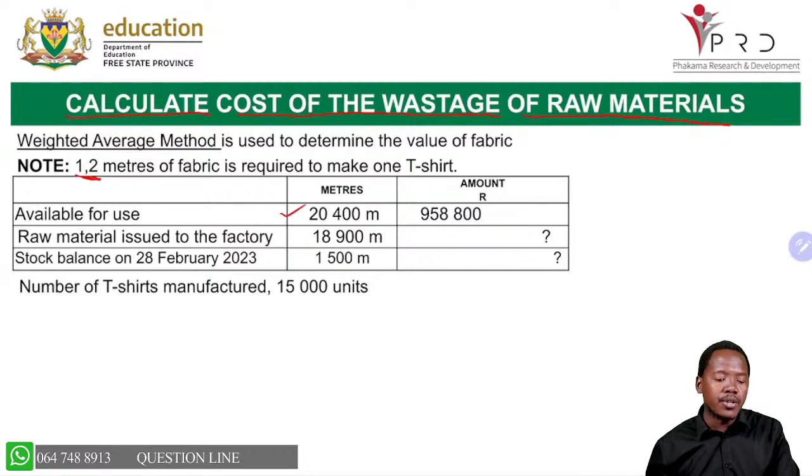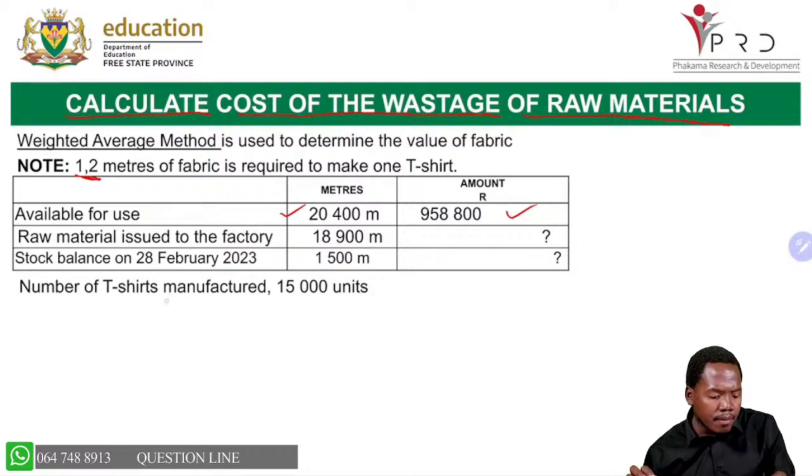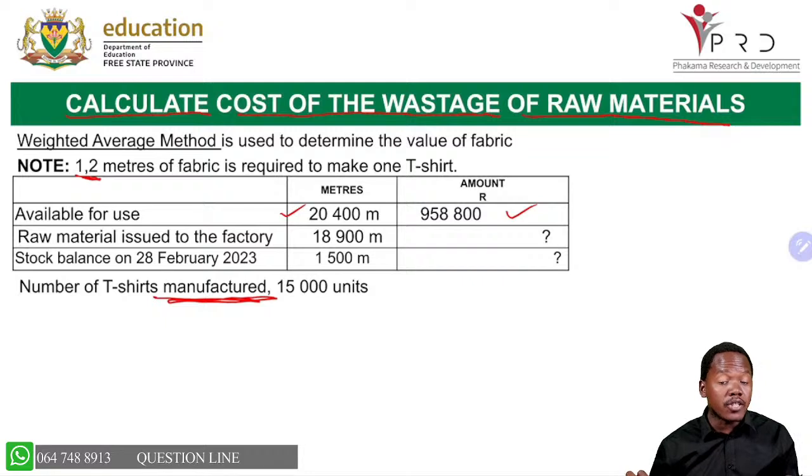Meters available for use, 20,400 meters. And then the value of that is 958,800. And then raw materials issued to the factory, remember, 18,900 meters. And then stock balance at the end, 1,500. Very important. Number of t-shirts produced or manufactured was 15,000 units.